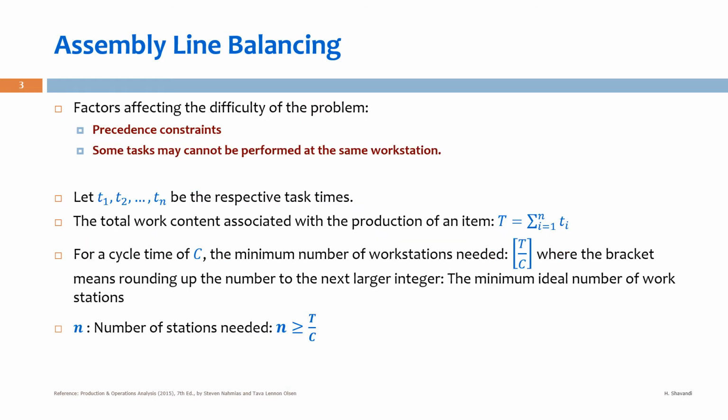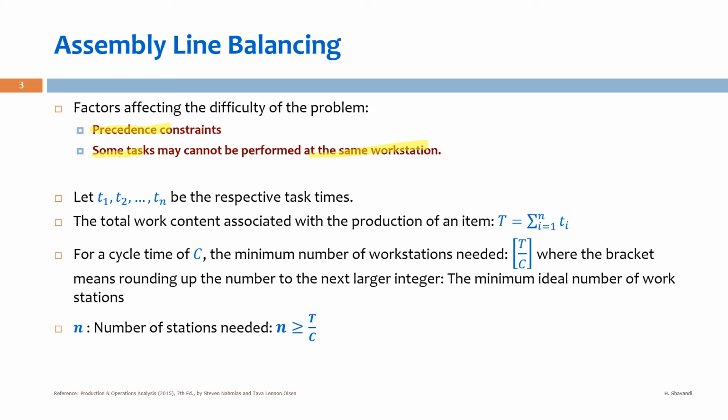So in grouping and assigning the tasks to workstations, we may have some constraints. For example, precedence constraints. So we should consider precedence in assigning the tasks to workstations. And also we may have the constraint that some tasks cannot be performed at the same workstation.